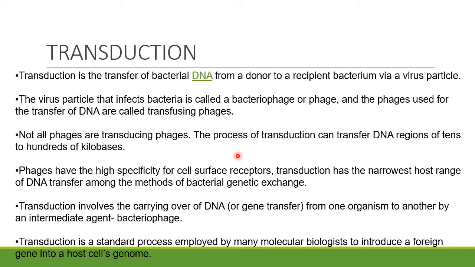In transformation, it was 1 to 10 kilobases. Phages have high specificity for cell surface receptors, so transduction has the narrowest host range for DNA transfer among the methods of bacterial genetic exchange.